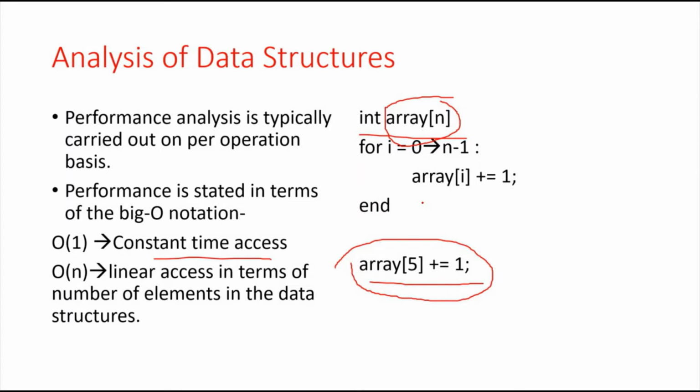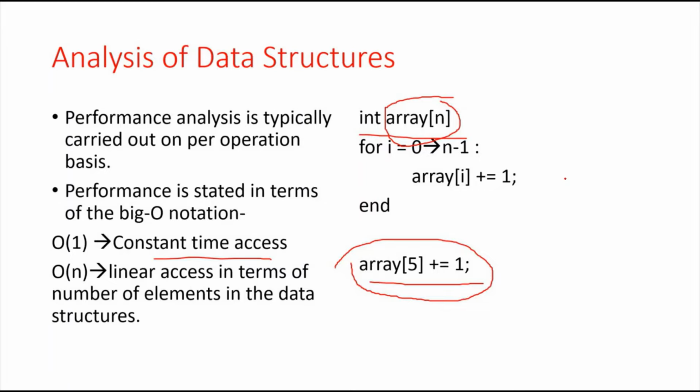But if we have to modify all the n elements one by one, it will be a total of 1 plus 1 plus 1 plus 1, and so on n times, means n into 1, means big O of n. Here, by using a for loop, we iterate over the array from 0 to n minus 1, total n times.